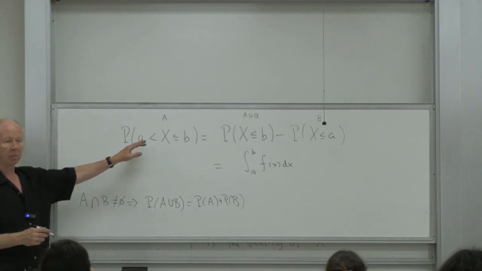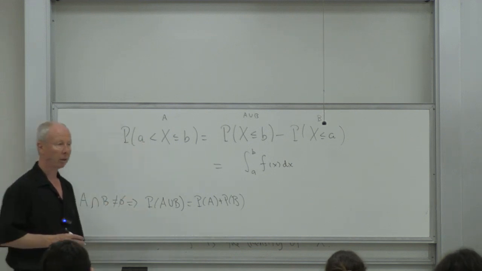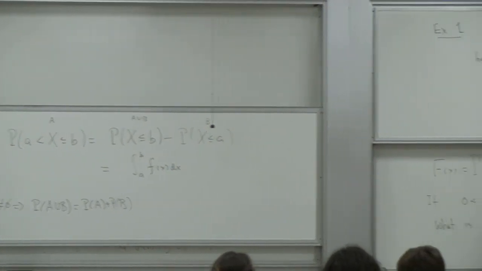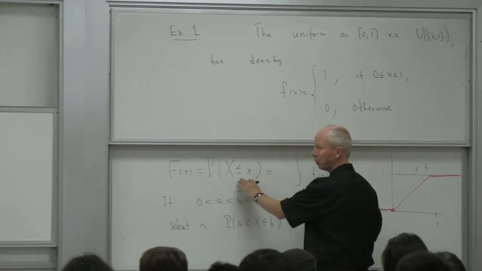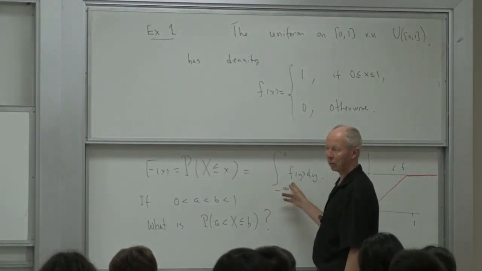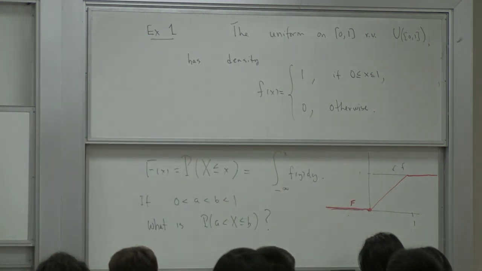So far I didn't use anything about the particular density function we're looking at. I just used this relation here, which is a general relation between capital X and its density. So whenever you're asked to find the probability that a continuous random variable is between two numbers, you integrate the density between those two numbers.